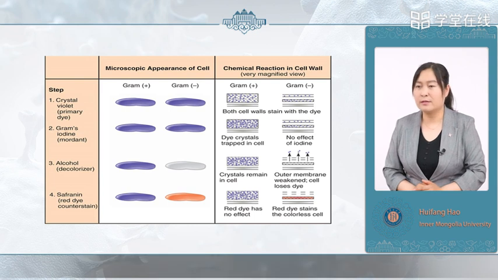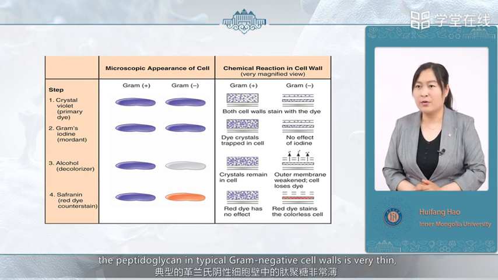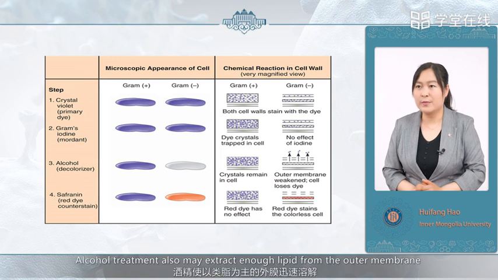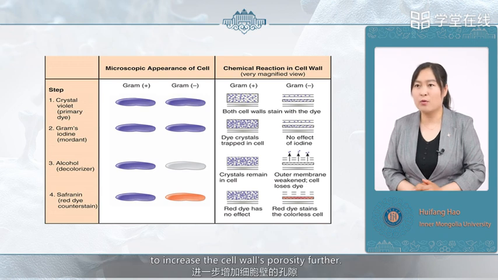In contrast, the peptidoglycan in typical gram-negative cell walls is very thin, not as highly cross-linked, and has larger pores. Alcohol treatment also may extract enough lipid from the outer membrane to increase the cell wall's porosity further.